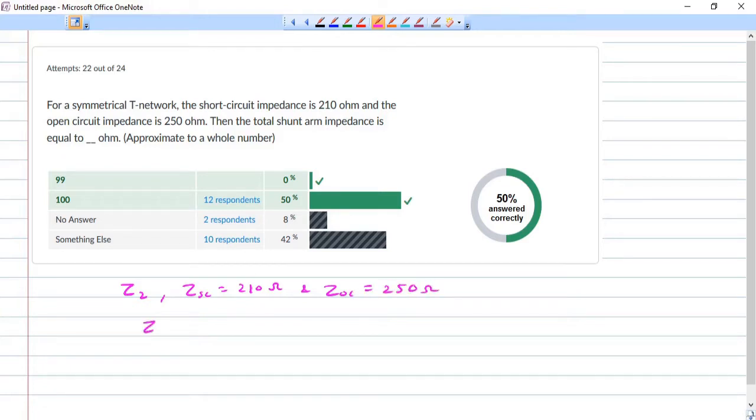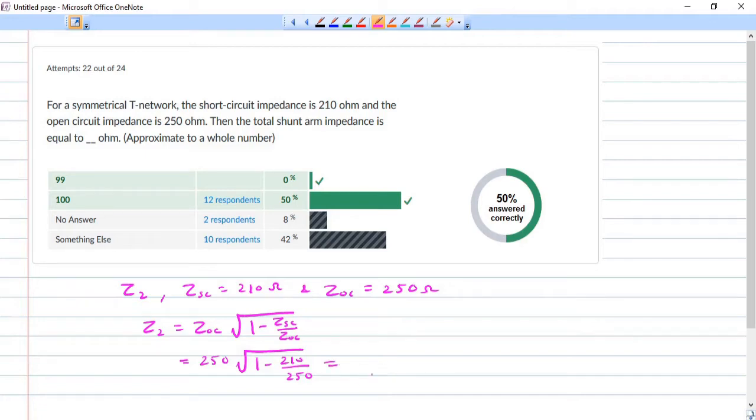So we have the expression Z2 is equal to ZOC root of 1 minus ZSC upon ZOC. So that will be equal to 250 root of 1 minus 210 upon 250.